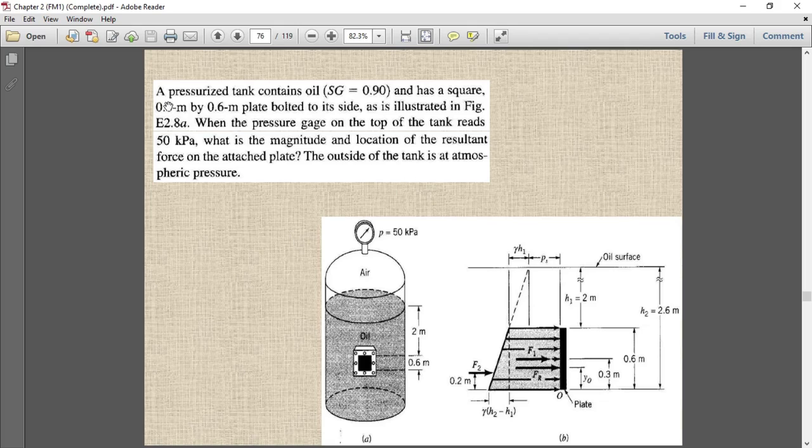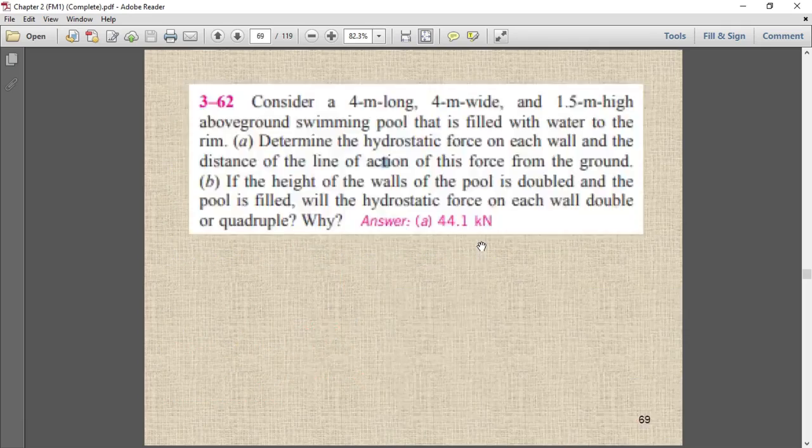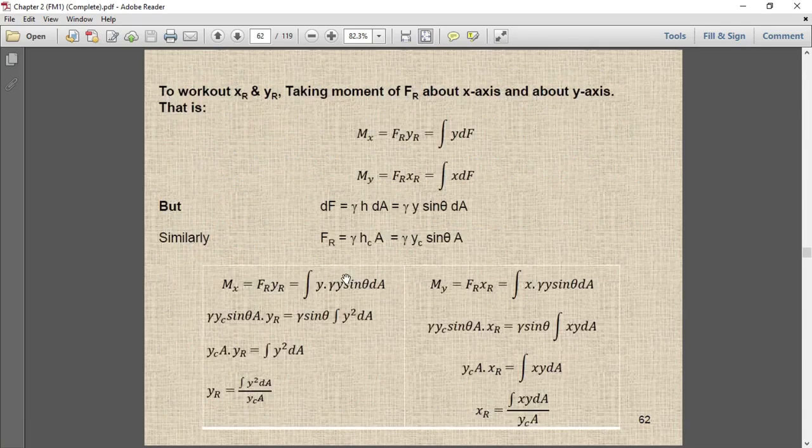This is the case when the pressure acting on the surface is other than atmospheric pressure. If the pressure is atmospheric, we have many ways to solve the problem, as in this one. This is the equation we have solved.